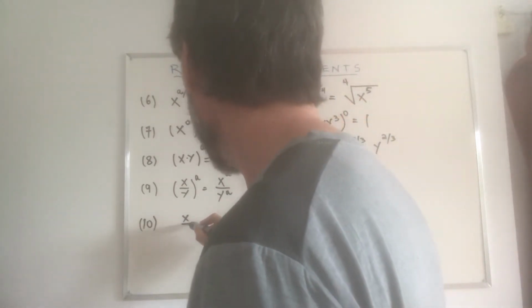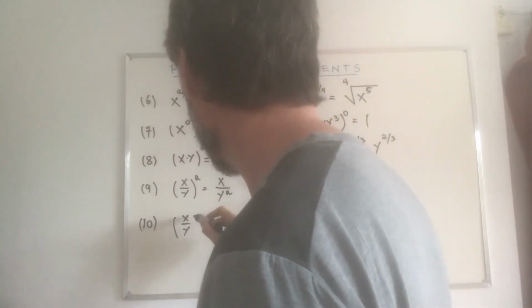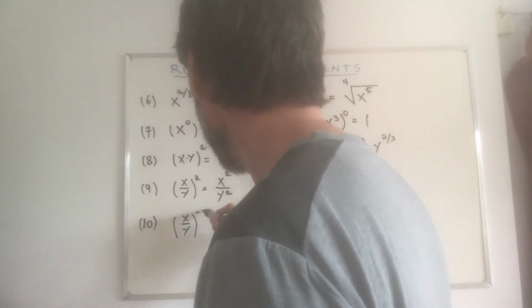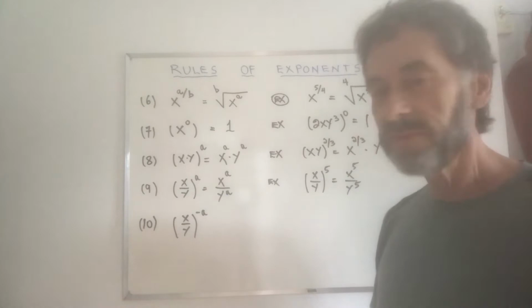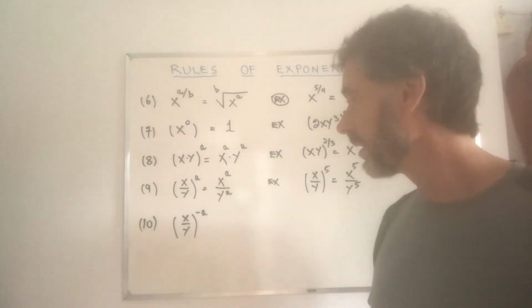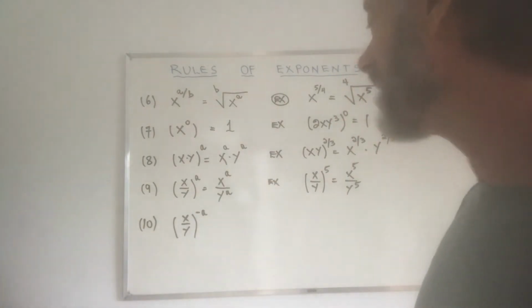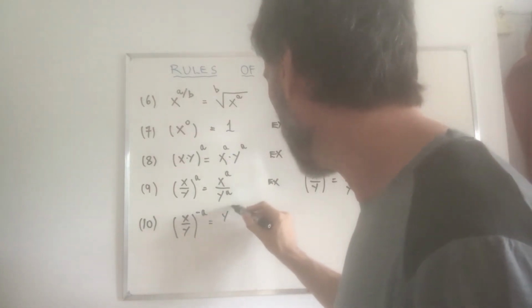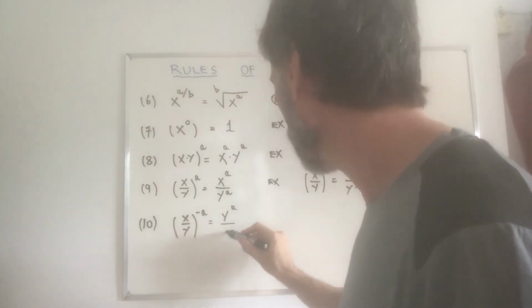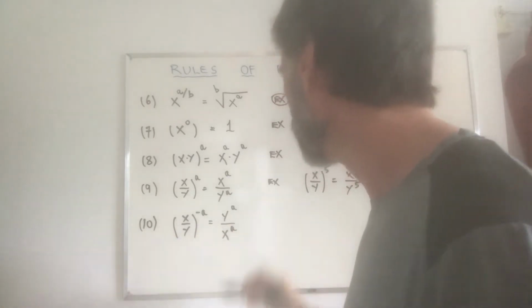Number 10, what do we got for you? Oh yeah, we'll mix some negative exponents with my division rule. So if instead I have x over y to the power of minus a, the same type of thing actually applies. I'll write it as y to the a over x to the a.